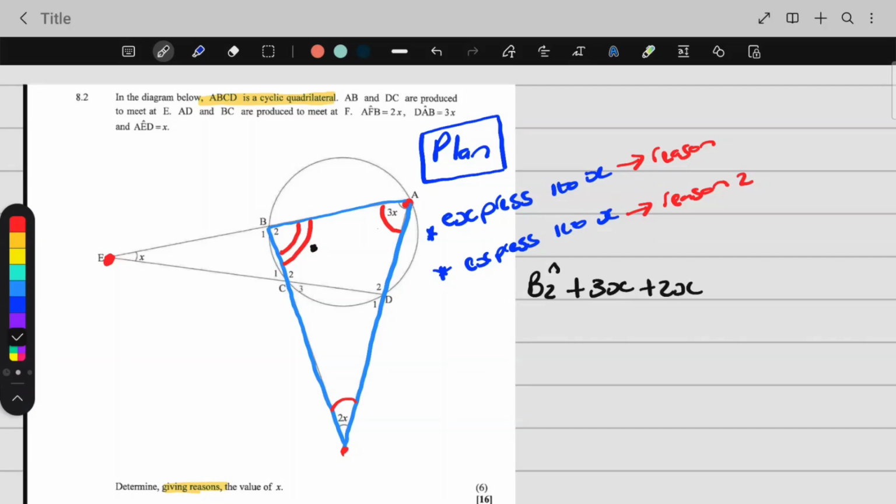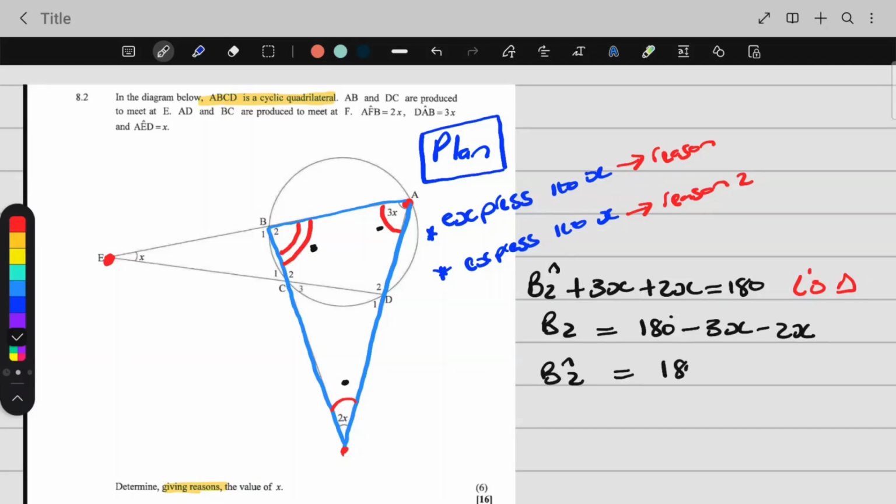So I'm saying this plus that. They must add up to 180. Angles in a triangle. So angle B2 is then 180 minus 3x minus 2x. So simplified, angle B2 is 180 minus 5x.